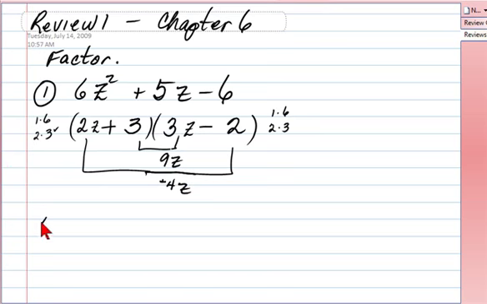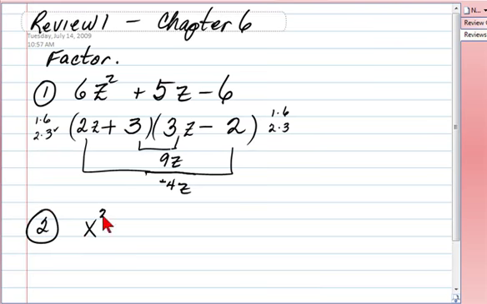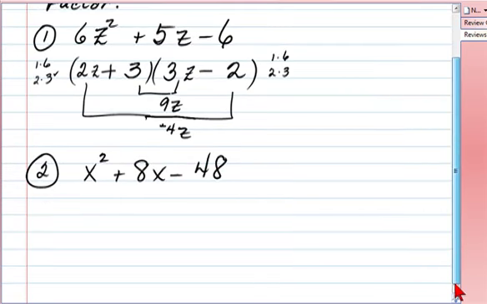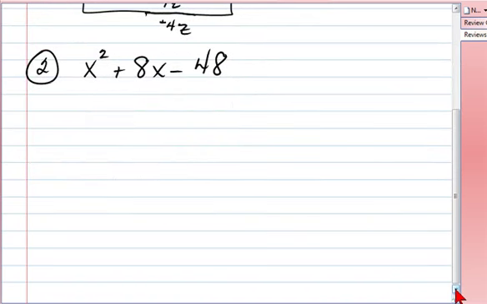All right, question number 2. On the review, it is to factor x squared plus 8x minus 48. All right, is there a common factor? No, it is a trinomial, so I'll go with trial and error.